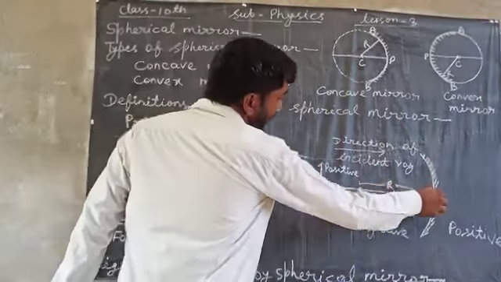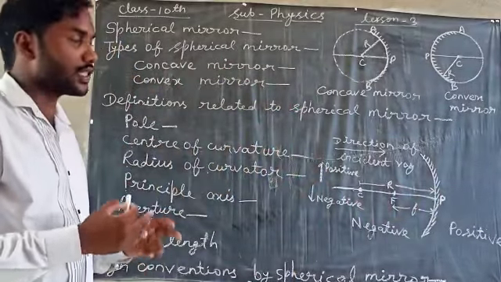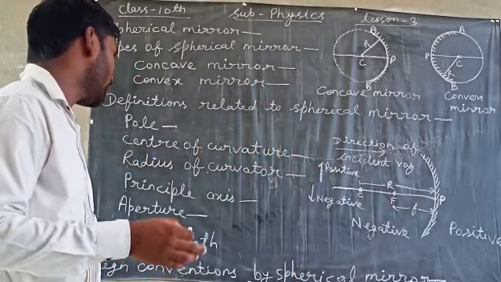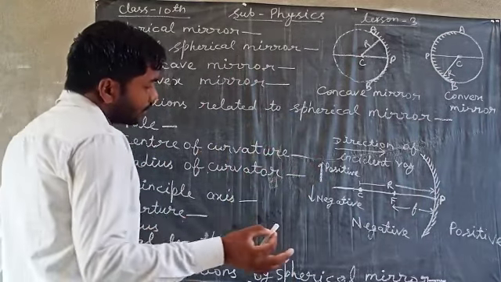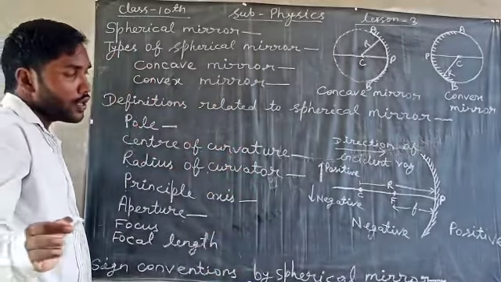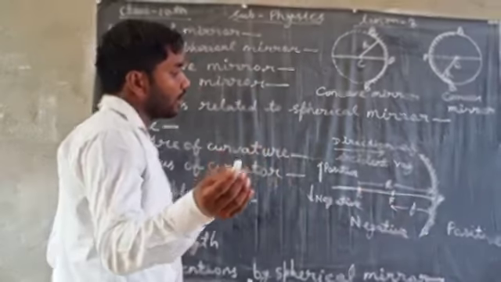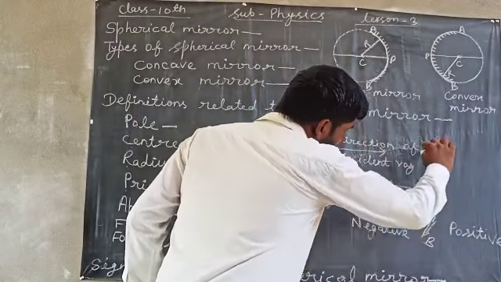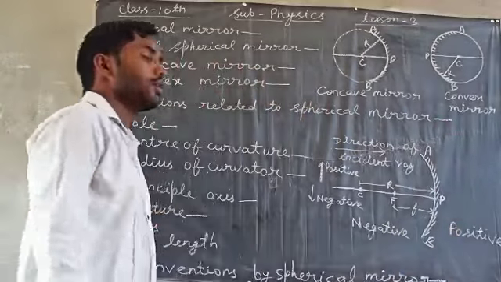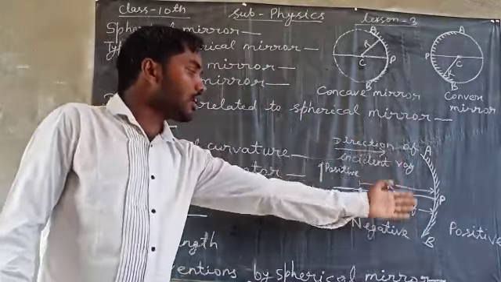You can say CP is the principal axis of the spherical mirror. After that, aperture. The width of the spherical mirror is called the aperture. We write it as AB, and AB is the aperture of the spherical mirror, because this is the width of the mirror.